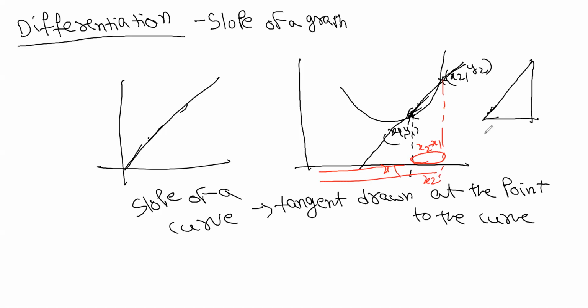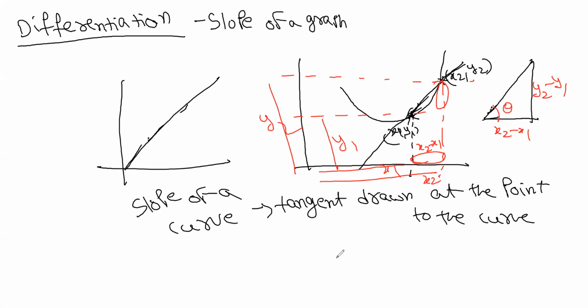Same way, till here it is y1, till here it is y2, so this distance is y2 minus y1. This is the theta. What is tan theta? Opposite by adjacent, y2 minus y1 by x2 minus x1. This is how it is derived.